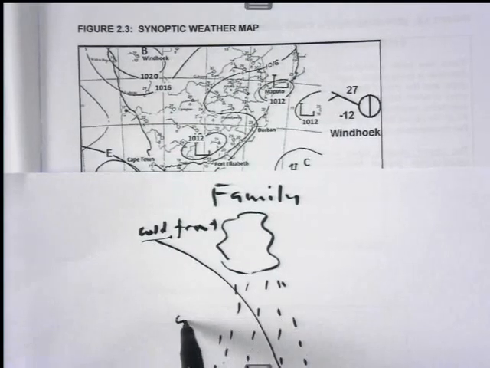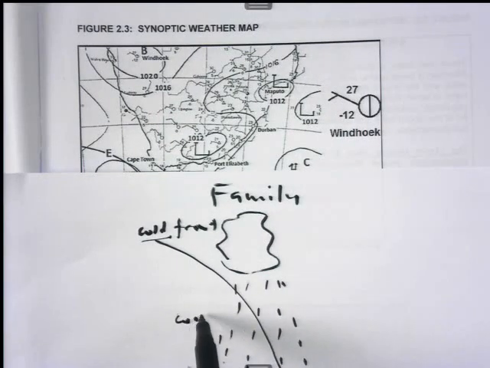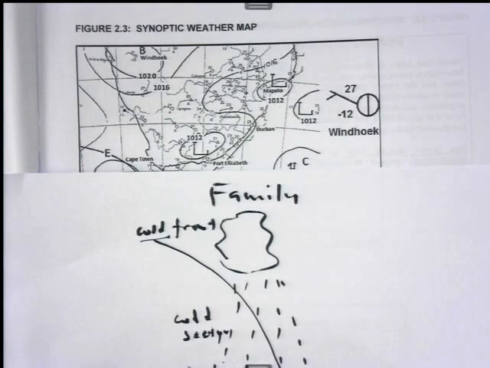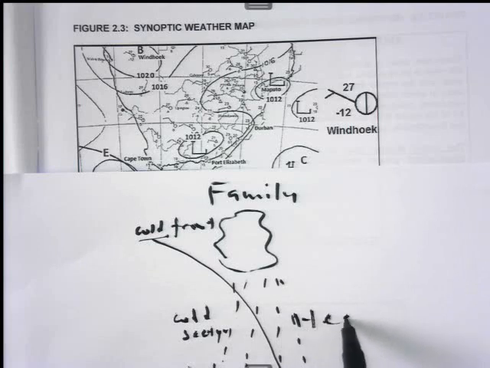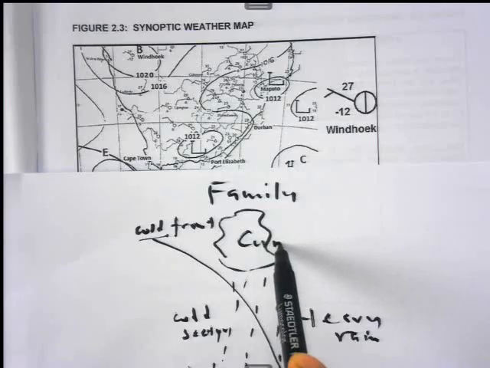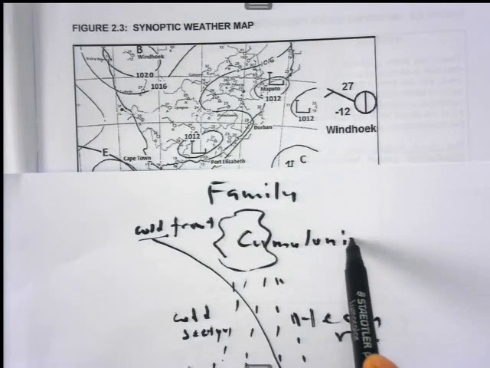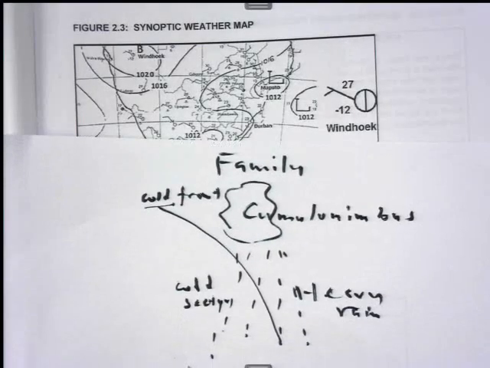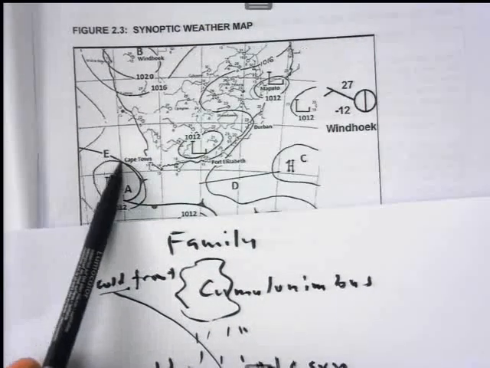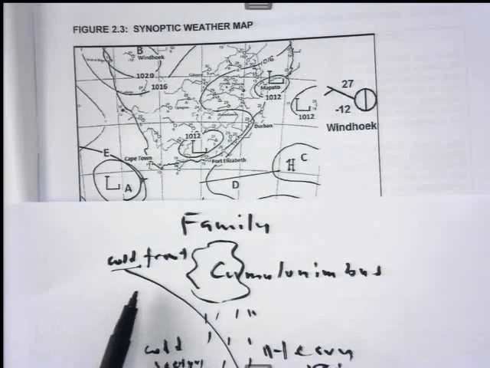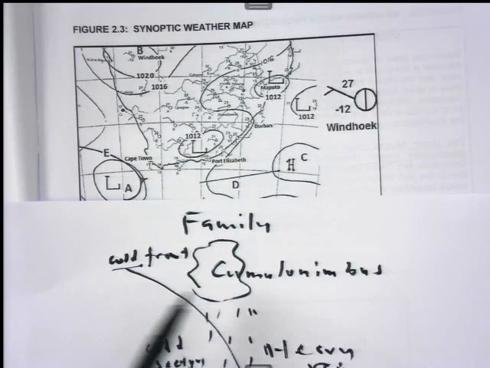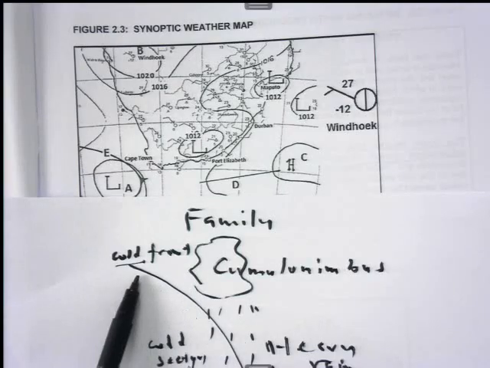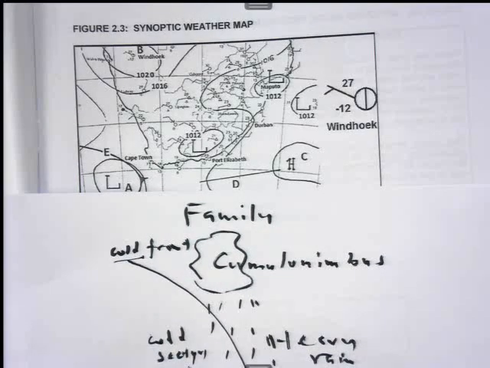Remember to mention, because the air behind the cold front is cold air, there you'll have your cold sector, which is your cold air. Then you'll have your heavy rain, and then you'll have your cumulonimbus clouds. So those are the 4 most important things as you draw your cold front. Always remember to mention the type of clouds that are associated with your cold front. Show your cold front, your cumulonimbus clouds.